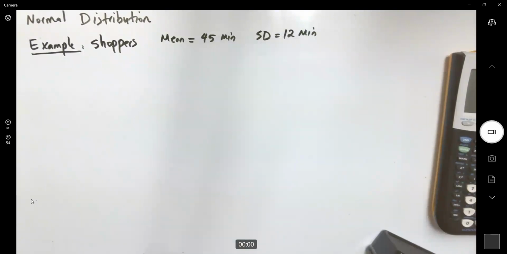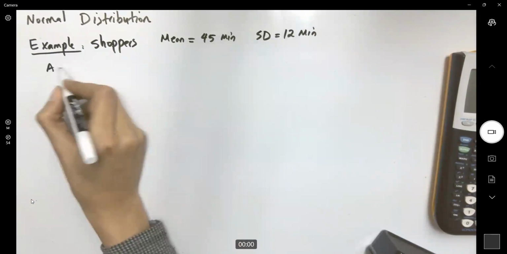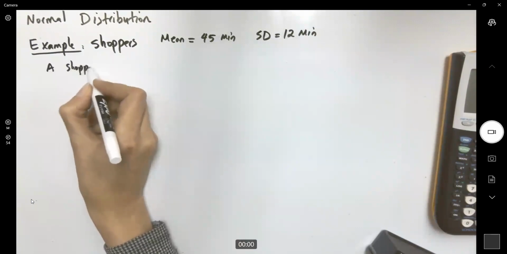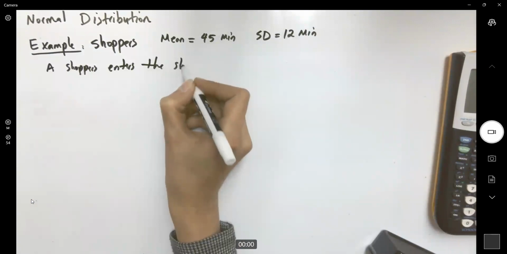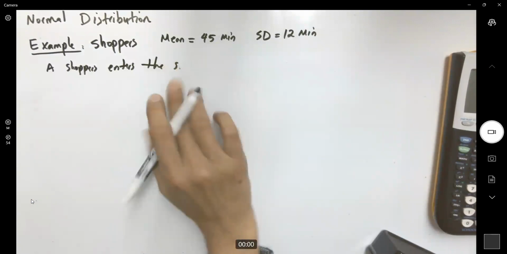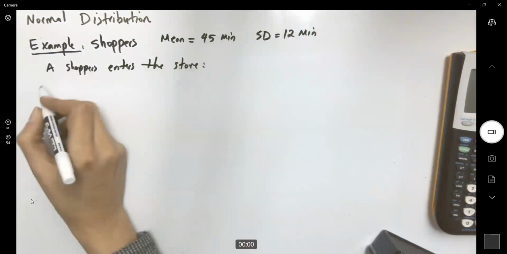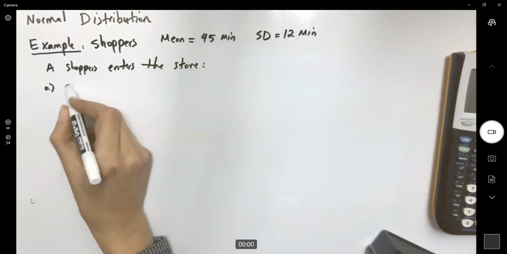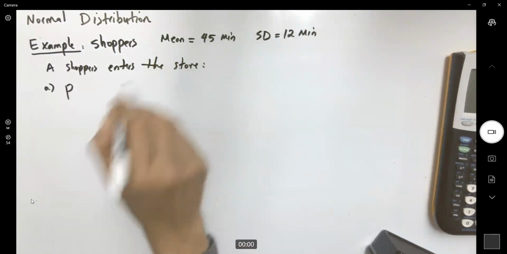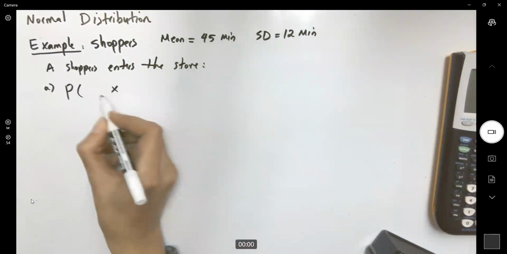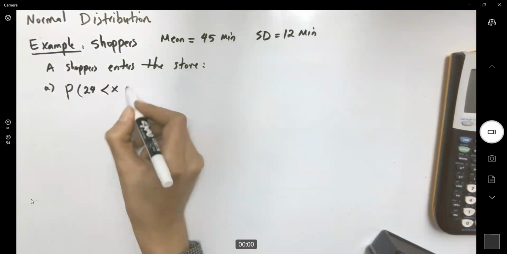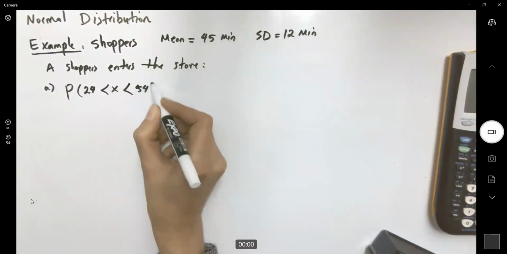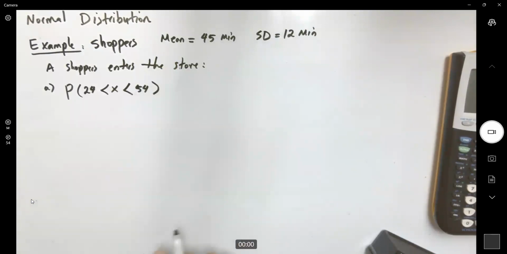So it says, now a shopper enters the store. You have a person, a shopper, enters the store. A, what is the probability that that person spent between 24 to 54 minutes in the store?